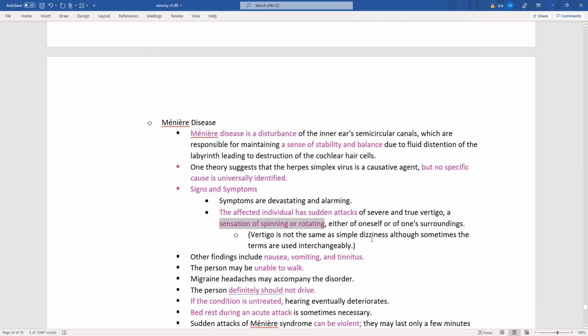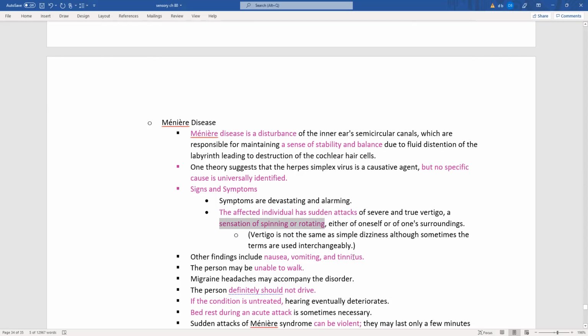Vertigo is not the same as simple dizziness, although sometimes the terms are used interchangeably. It's just not regular damn dizziness. Like vertigo, baby, that shit is horrible. From the stories I've heard, thank God it ain't hit me with that shit. But the stories I heard, that shit bad.